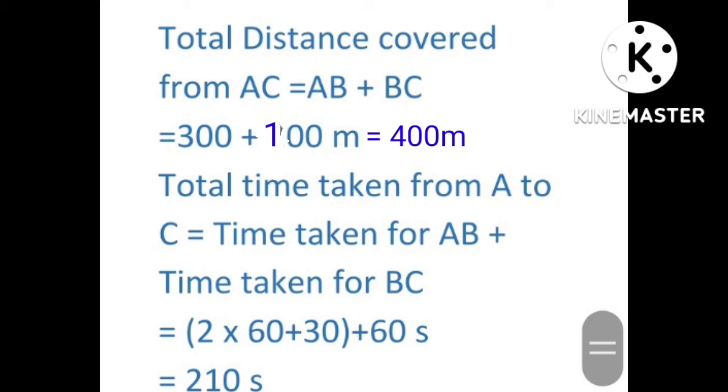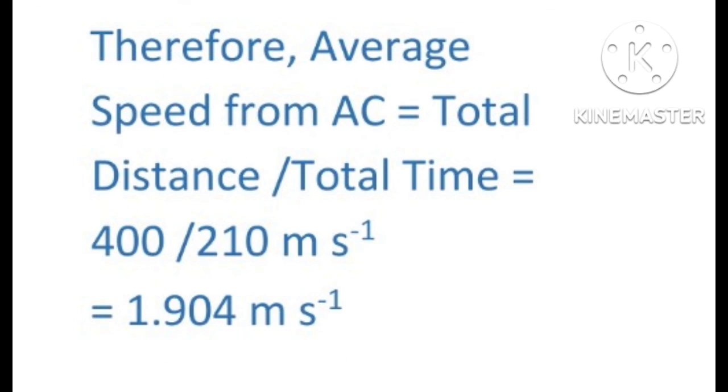That will be 300 plus 100, that will be 400 meters, right? And the time taken, how much time he is taking? So in the first case A to B he is taking 2 minutes and 30 seconds and from B to C he is taking 1 minute, that is 60 seconds. So total time taken will be 2 into 60 plus 30 plus 60, that is 210 seconds.